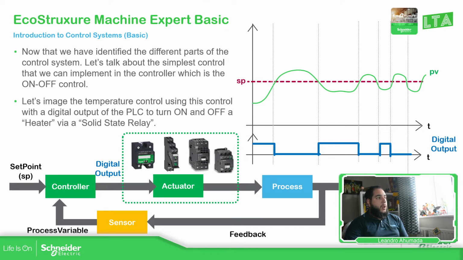If the temperature is lower than the set point you have defined, for example if you want the set point to be 22 degrees, and the process variable is below, let's say 20, it will start rising because the comparison says that the process value is lower, so I activate the output until it reaches the set point. Once it reaches the set point, it will be off. As soon as the temperature goes down, it will activate again, and so on and so on.